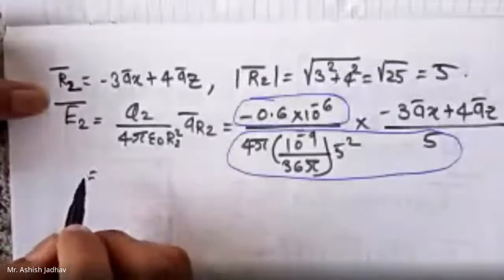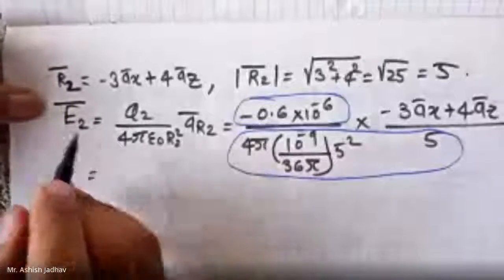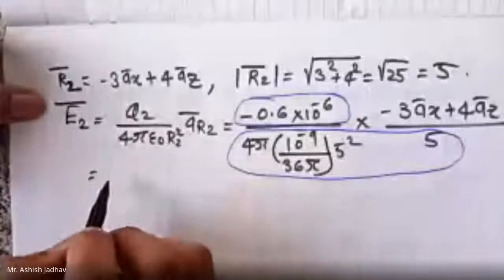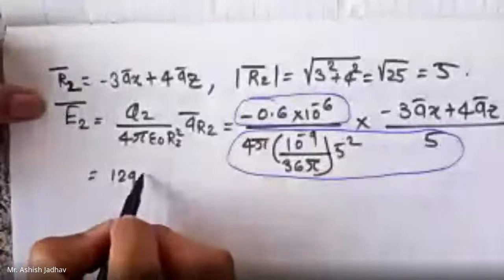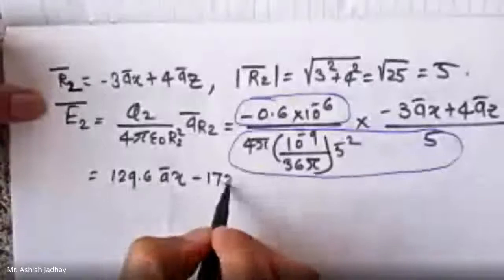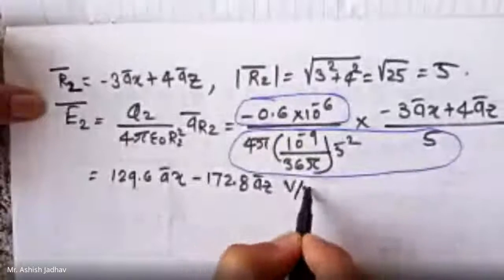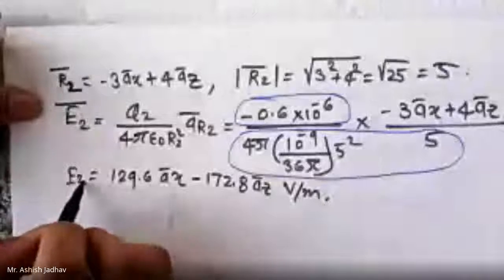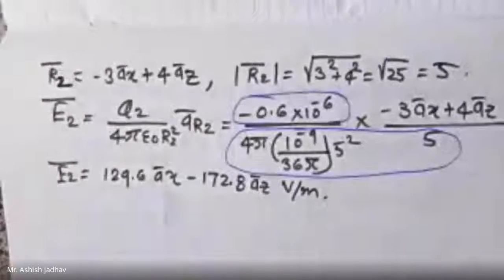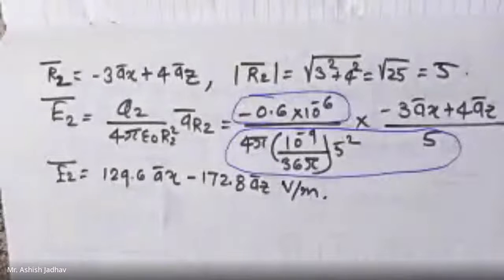So for your verification, the answer is 129.6 a bar x minus 172.8 a bar z volts per meter. This is the value for E2 bar. Yes, sir. Yes, sir. येत आहे?